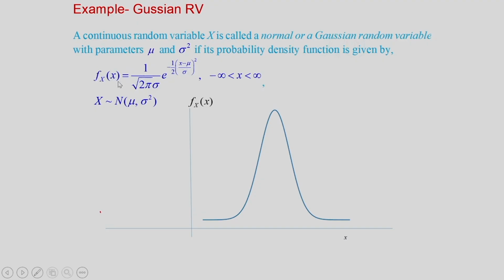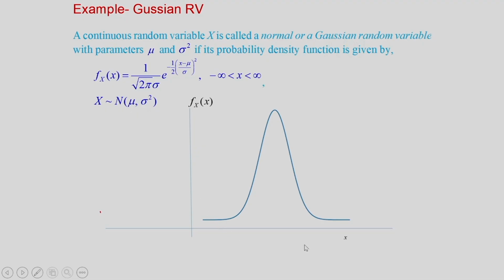Small f_X(x), the PDF at point x, is e to the power minus (x minus mu by sigma) whole square divided by 2, and this term is normalized by root over 2 pi into sigma, because it is a PDF. This distribution occurs in many practical situations naturally, and we denote the normal distribution by X distributed as normal with parameters mu and sigma square.